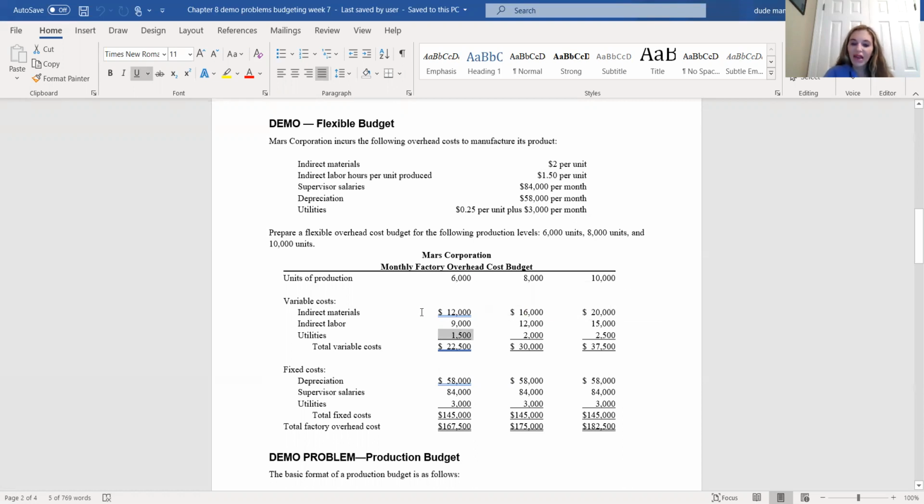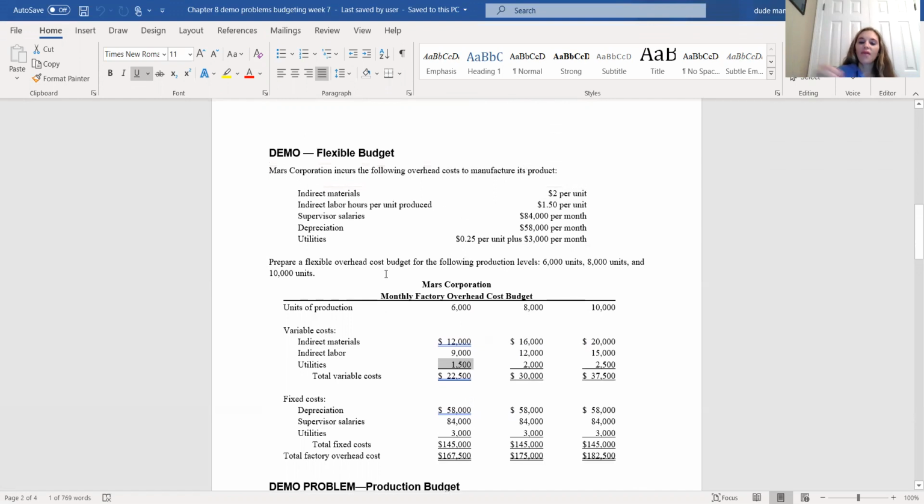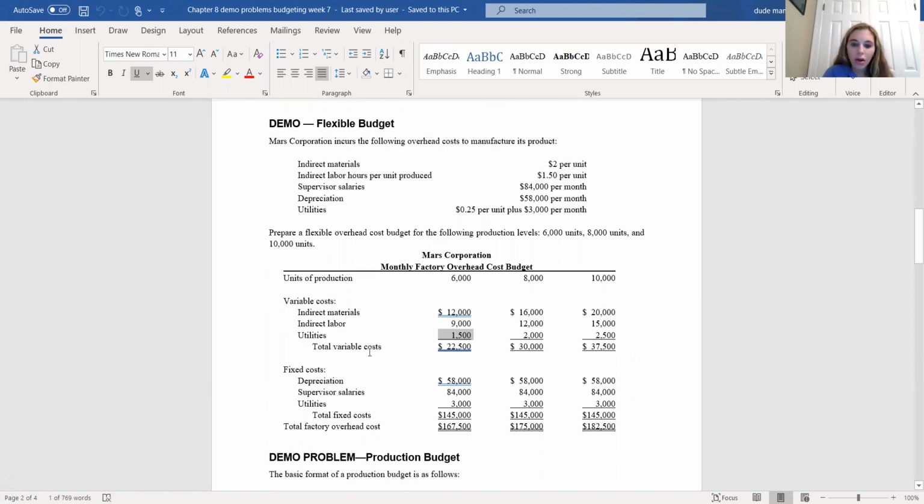So as you can see, it's all just a matter of knowing where everything goes and establishing those production levels. The fixed costs here that you see, the 84,000 salaries and the depreciation are all given to us. So that part is not difficult. Now, once you have this information, you would combine the variable and fixed portions together to get a total overhead cost you would be able to use for your budget.